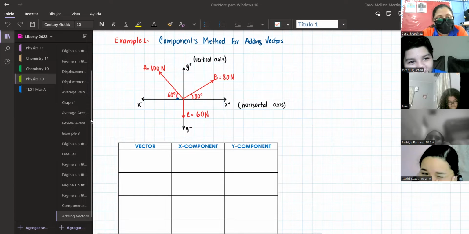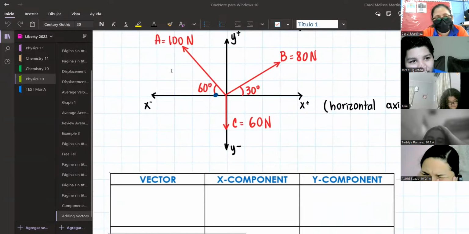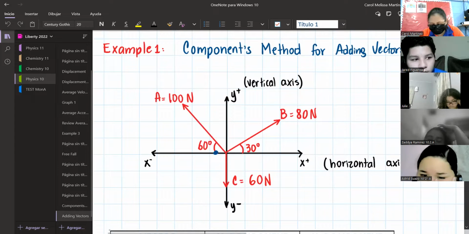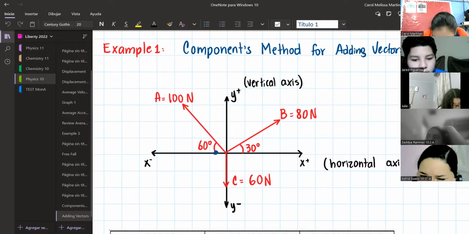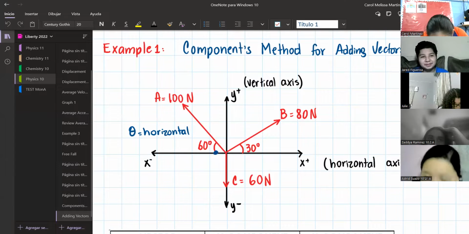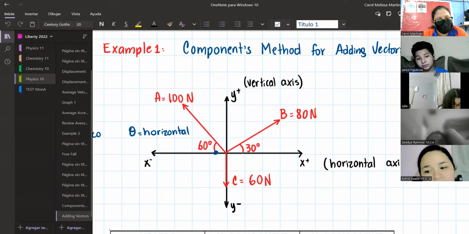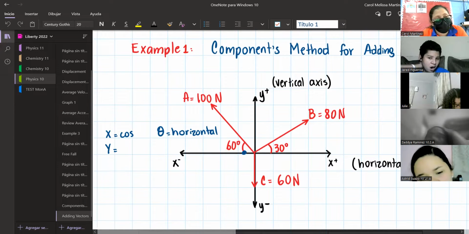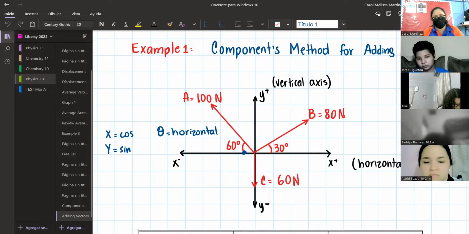It is touching the x axis. So when this occurs, we say that we have a horizontal angle. And when we have a horizontal angle, to calculate the x component, we're going to be using cosine. And to calculate the y component, we're going to be using sine. That's why we identify the type of angle from the beginning.